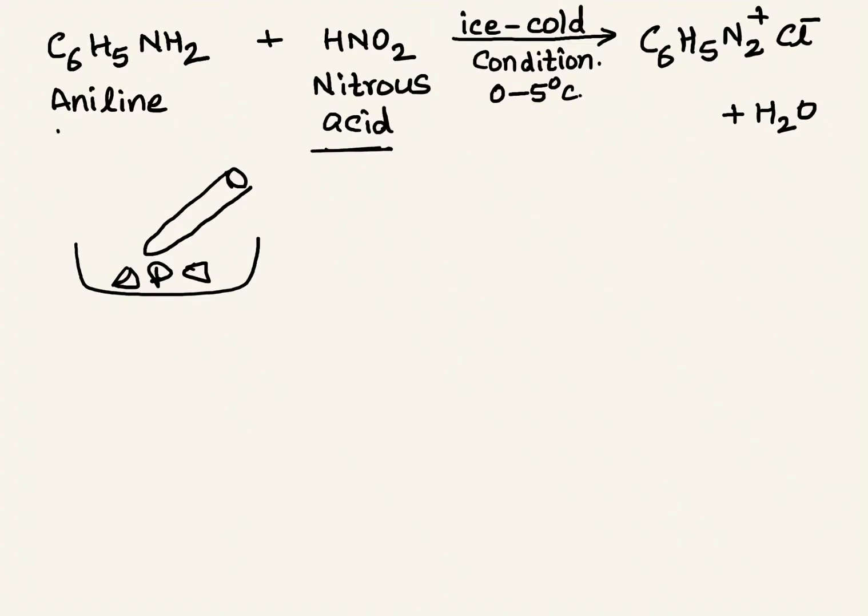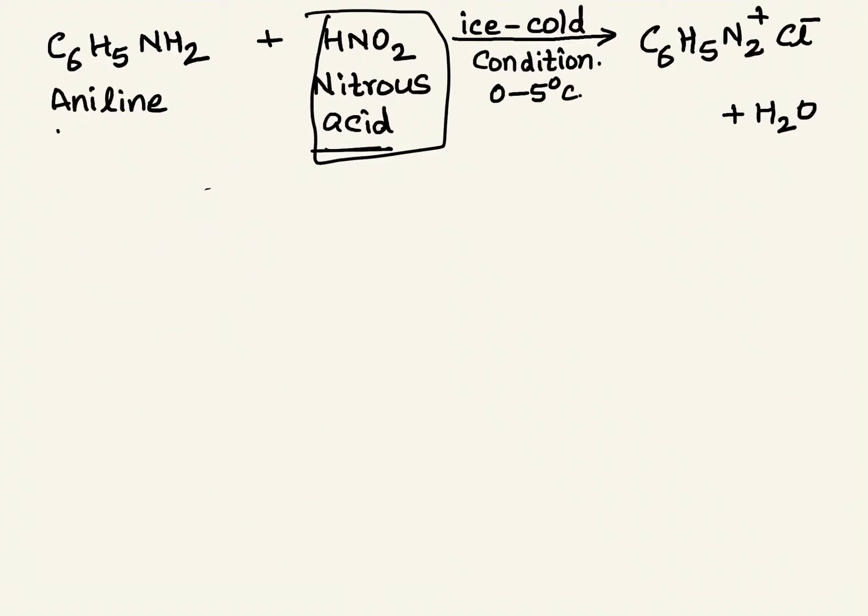Now, again an interesting thing. In the laboratory, you will not find any bottle saying nitrous acid. It's an unstable acid. So, how do I solve that problem now? There's a solution to it as well. Just like we prepared benzene diazonium chloride in the solution, we are going to prepare the nitrous acid also in the solution.